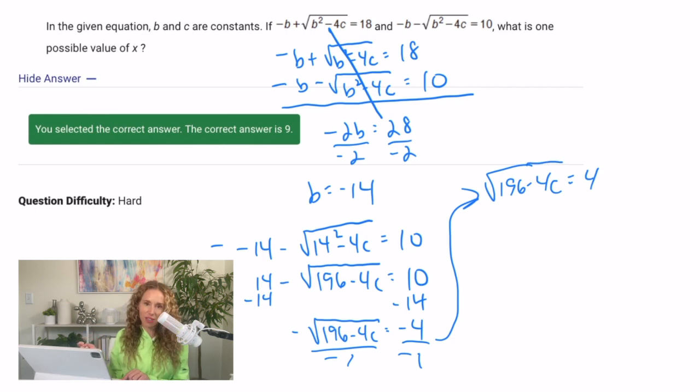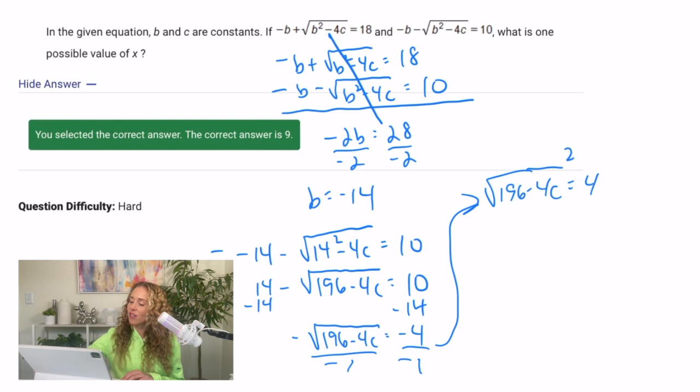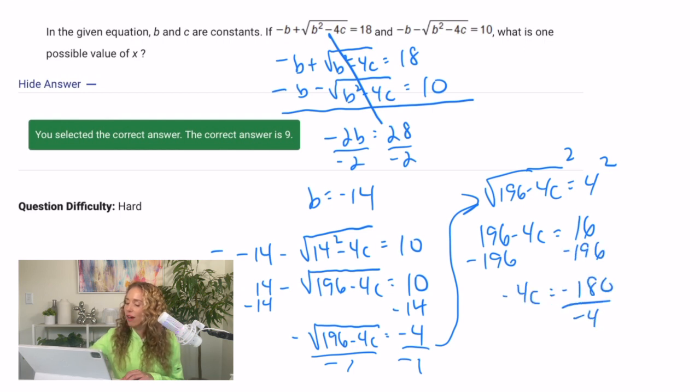I probably wouldn't do this many steps, but I'm just trying to show you guys. I would cut some corners because this is writing out a lot of work. I would do some stuff mentally, but I just want you to see each step. Let's square both sides. We have 196 minus 4c equals 16. Take away the 196 from both sides. So negative 4c equals negative 180. Divide by negative 4. You end up with c is 45.